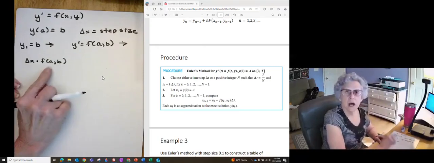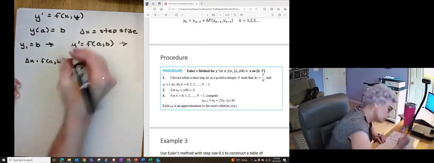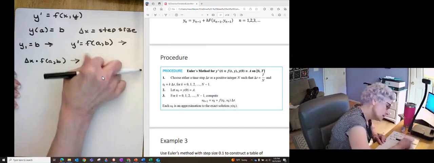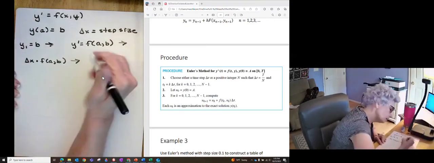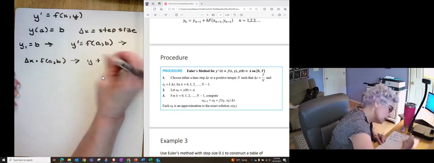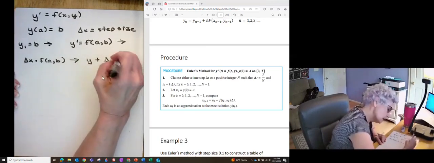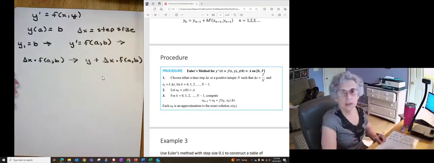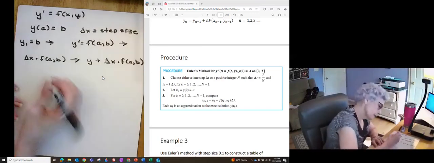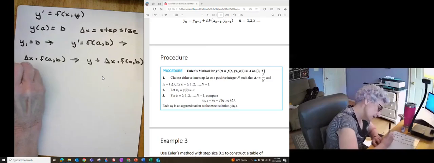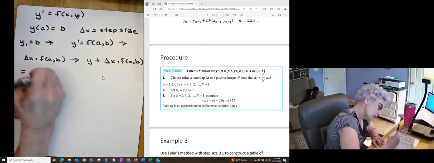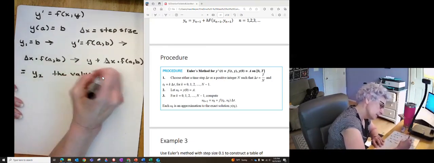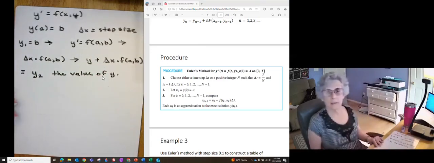So that's delta x times that first little slope. You take that and add it to your y1: y1 plus delta x times your slope at that first little point. This is equal to y2, the next value of y.